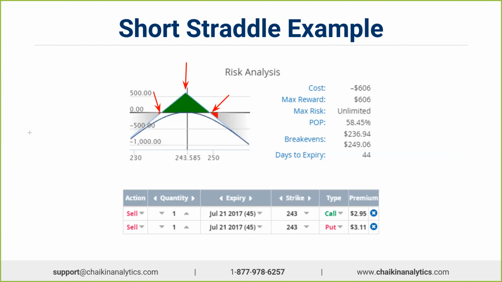In theory, if you don't like doing it like this, you could add long legs to either side and do what's called an iron straddle. Similar to an iron condor, which we'll talk about in 3 weeks. If you want to listen to my iron condor conversation, go back and look at the presentation I did 3 weeks ago.